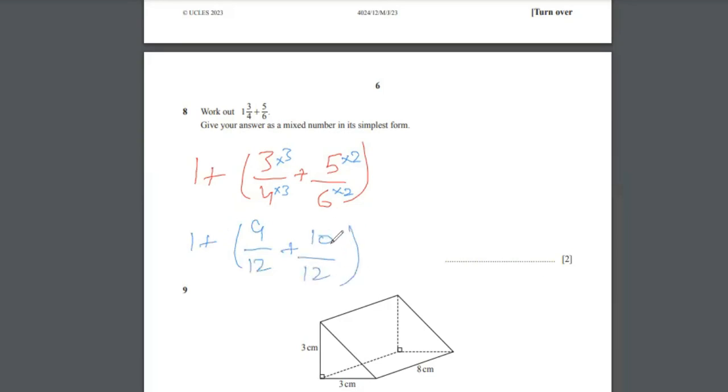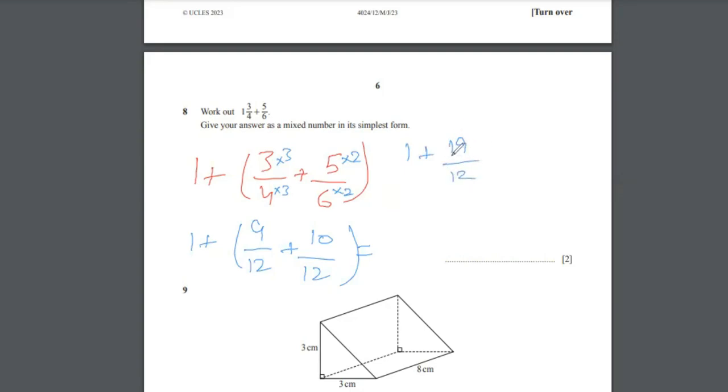Okay, and it will be 19 over 12. So it is 1 whole 19 over 12. Again, 19 upon 12, and it is 1 plus 19 upon 12.